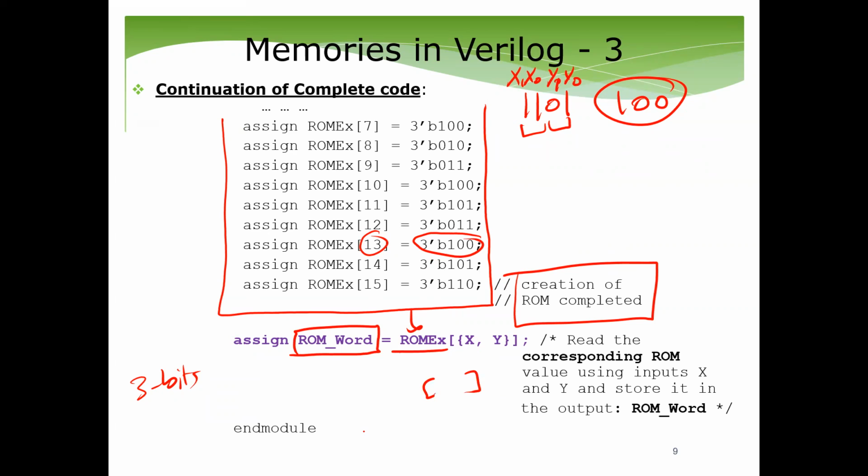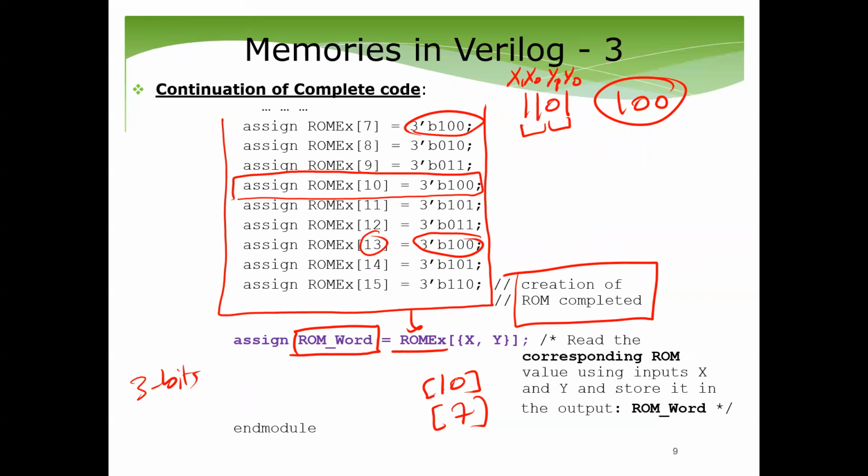Inside these parentheses, you need to specify what address you want to read. If you write ROM X of, for example, 10, ROM word will equal 100. If you write ROM word equal to ROM X of 7, that means ROM word will be assigned the value of 100.